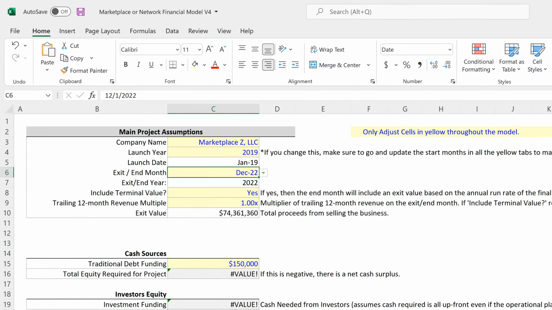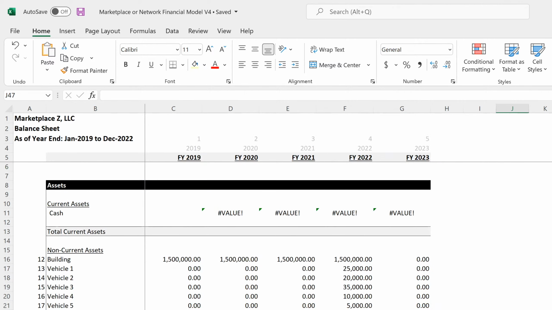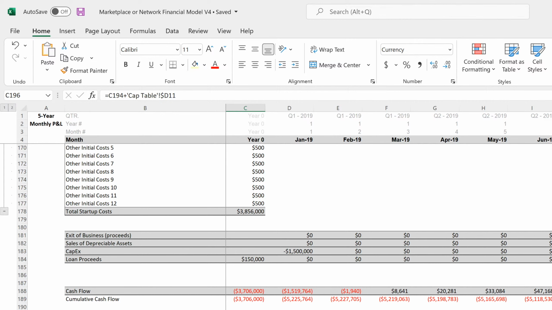Oh, shoot. Oh, shoot. All kinds of problems. So here, why are we out? Cash is out. What happened? Cash balance is negative. What in the world?